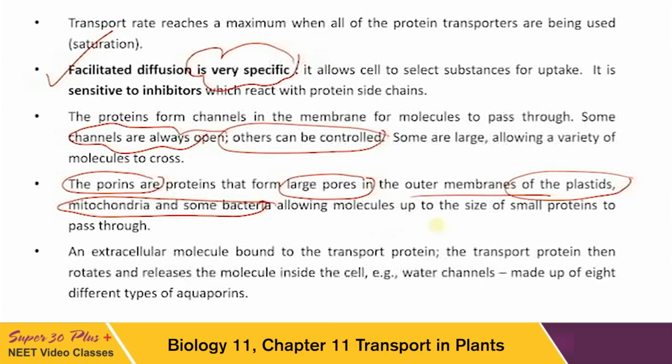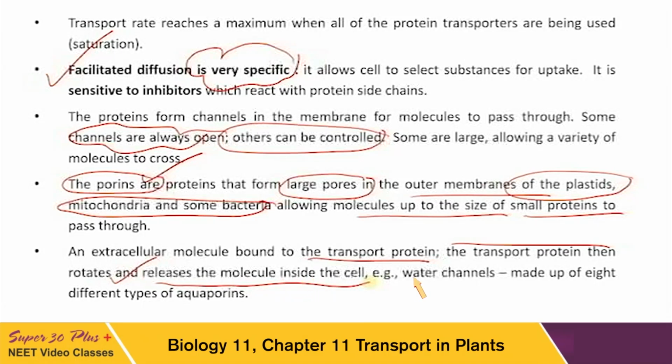They allow molecules up to the size of a small protein to pass through porins. Extracellular molecules bound to a transport protein, as I told you, the transport protein rotates and releases the molecules on the other side. Water channels are made up of eight porins known as aquaporins.